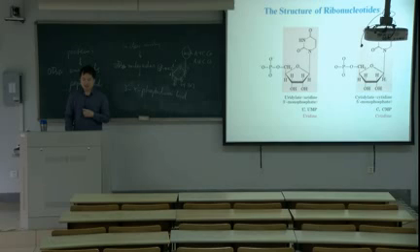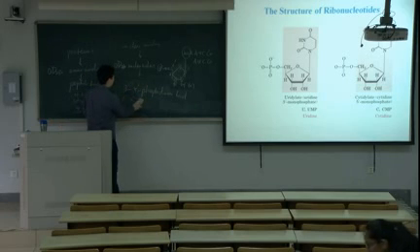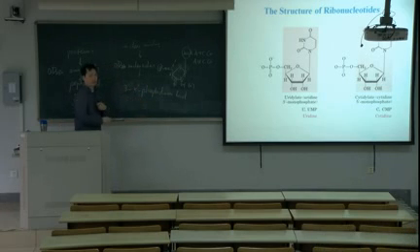And the numbering on this sugar ring is 1', 2', 3', 5'. And if there is a third ring, the numbering would be like 1 double prime, 2 double prime, 3 double prime. This is just a way to distinguish different rings.